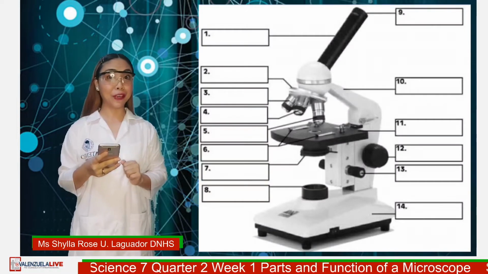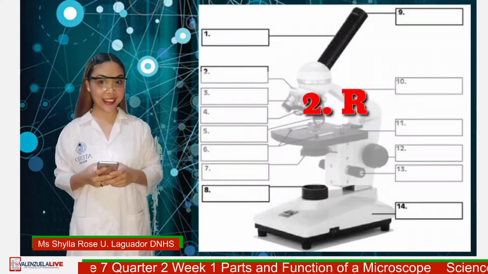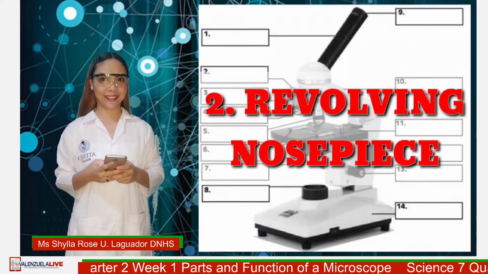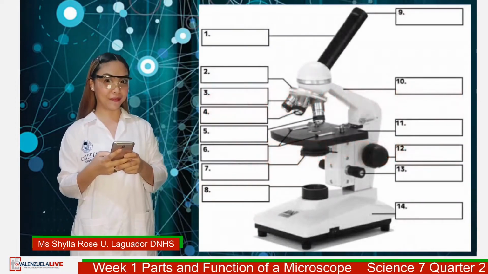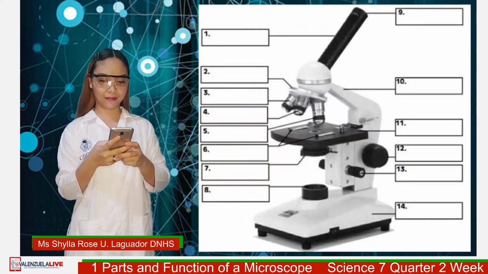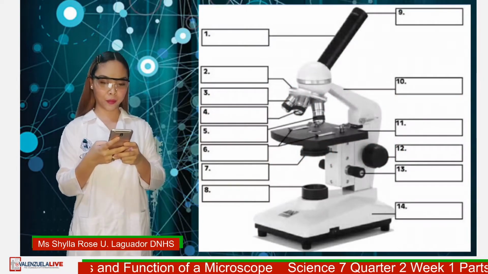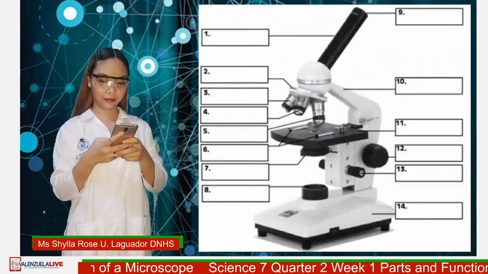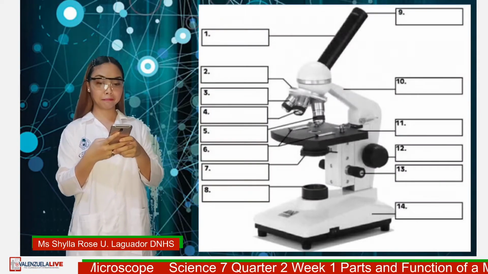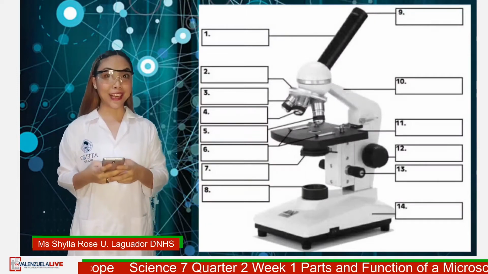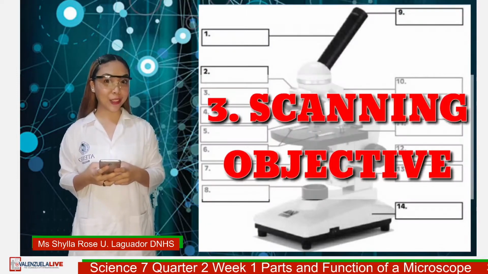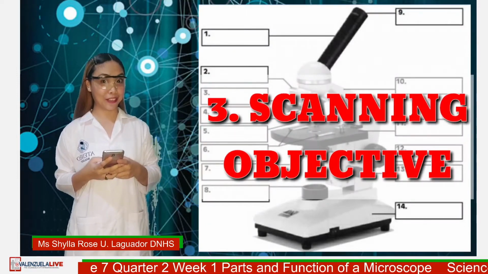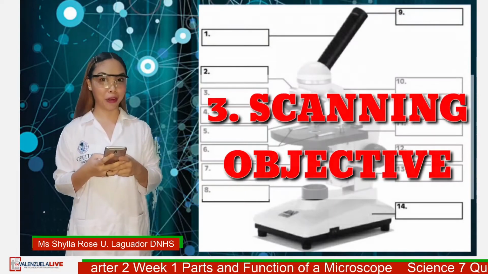Okay, so for number 2, the correct answer is revolving nosepiece. What about number 3? The correct answer is scanner or scanning objective. Great job! Let's proceed to number 4.